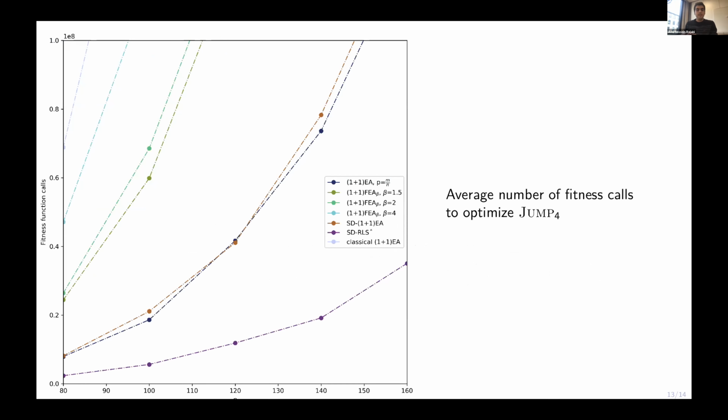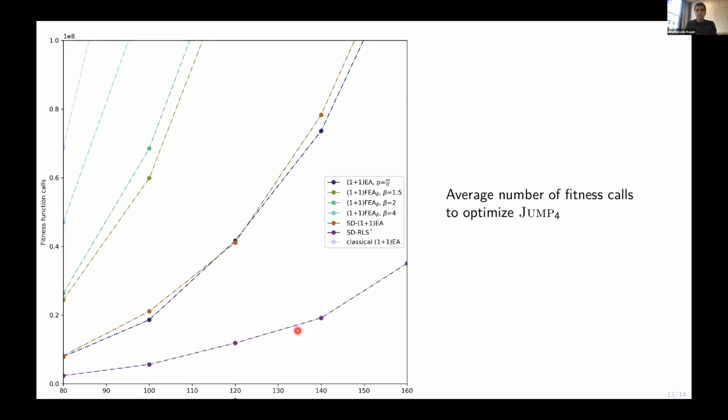We ran an experiment that compares different algorithms on a jump function with gap size of 4. The fastest algorithm to find the optimum is RLS with stagnation detection, or STRLS star, which we discussed in this paper.